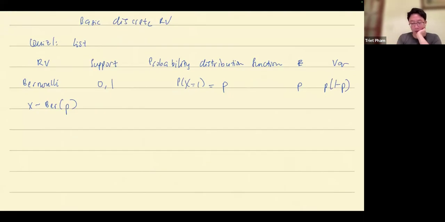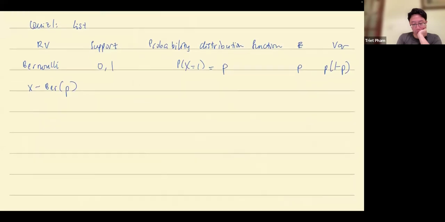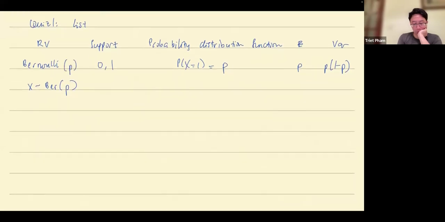The next one on the list is, let's say, a binomial(n, p). For binomial(n, p), what's the support? What kind of values can a binomial take?